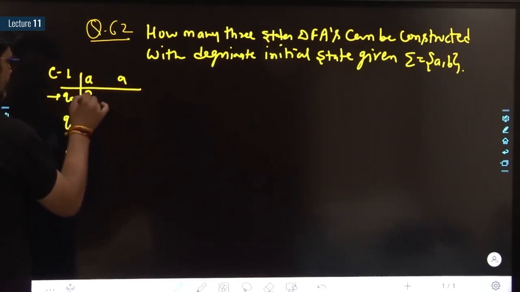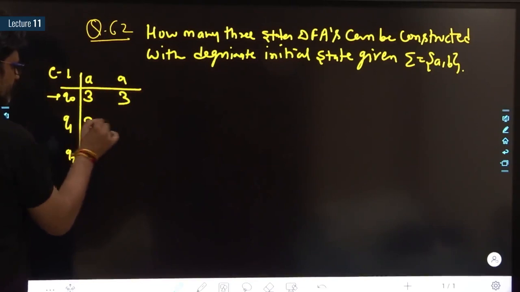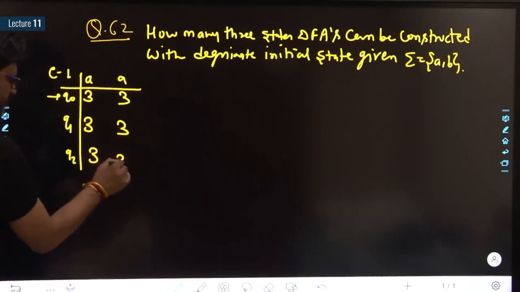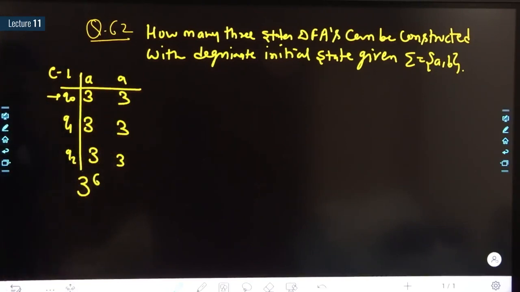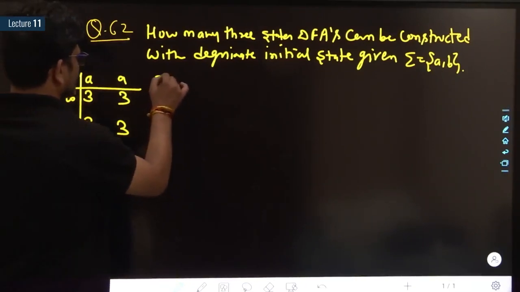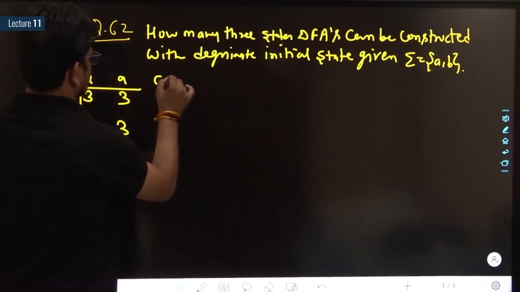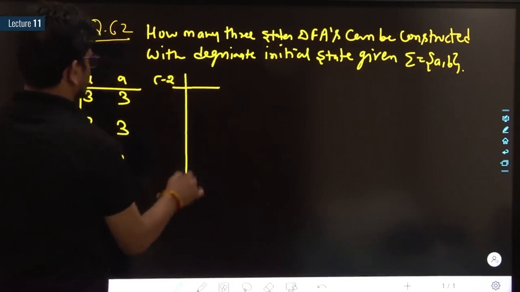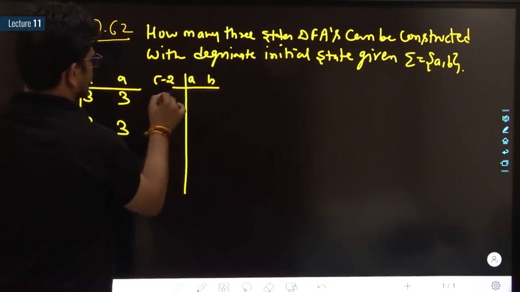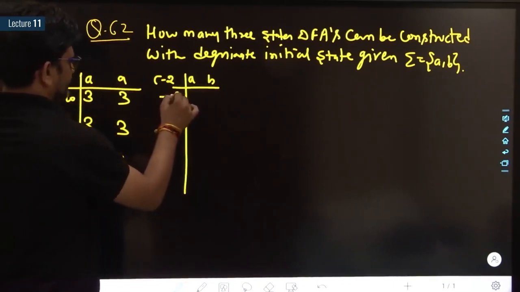Each state has 3 combinations. Clear? So the total number of DFAs possible for this case is 3 to the power 6. Case 2: one state is final.